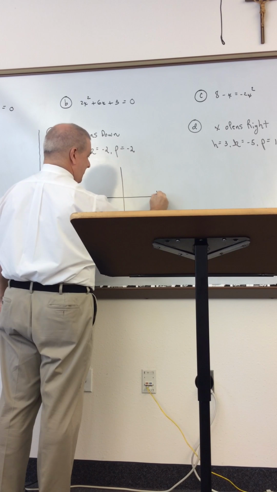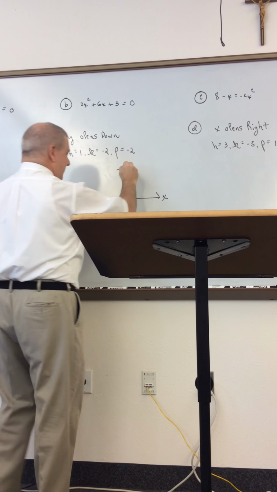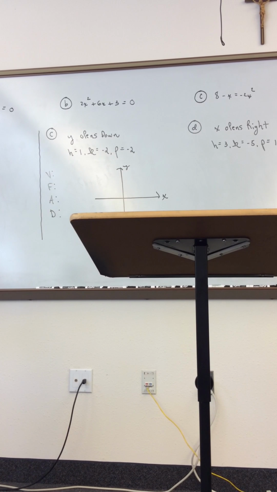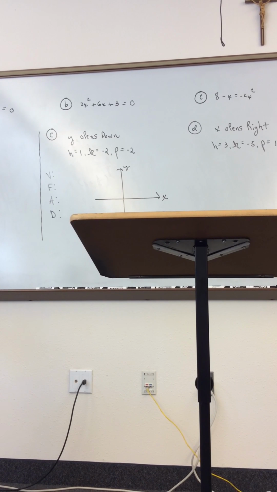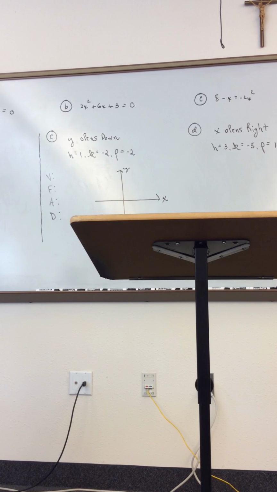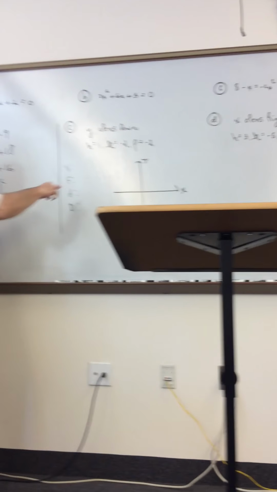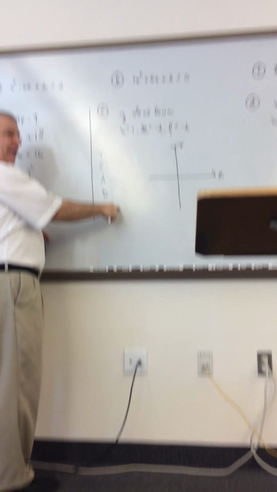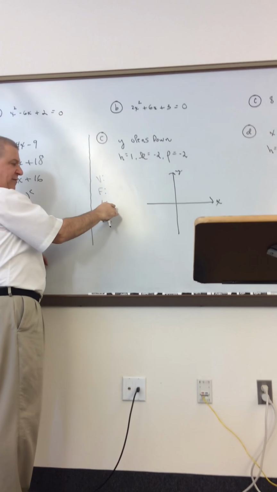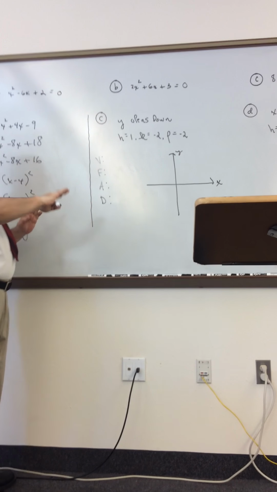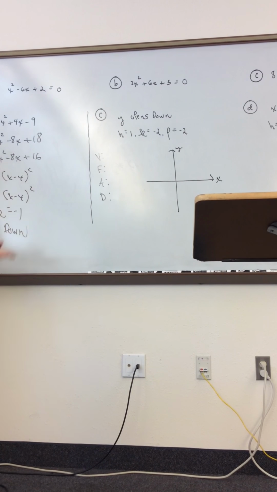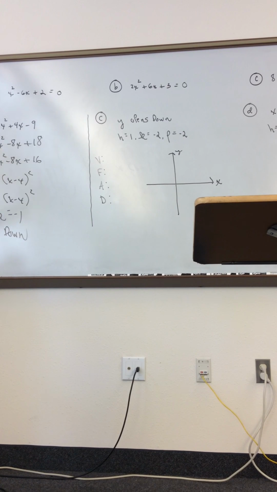Now watch this, people. The first thing I'm going to say to you is this. You don't have to show me the whole graph. I don't even need to see the parabola drawn. Which one of these four, vertex, focus, axis, directrix, comes directly from what's given? That's easy, because it's there.